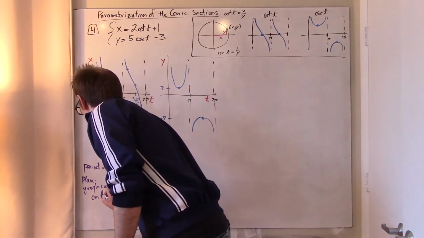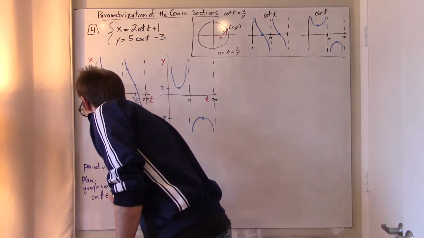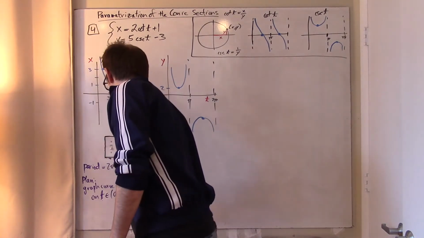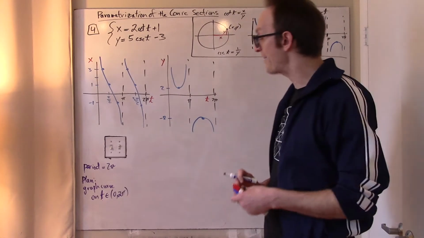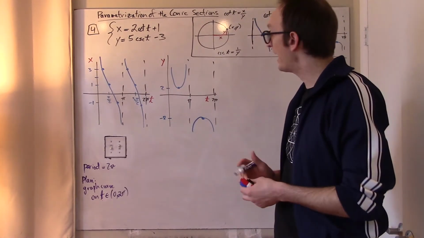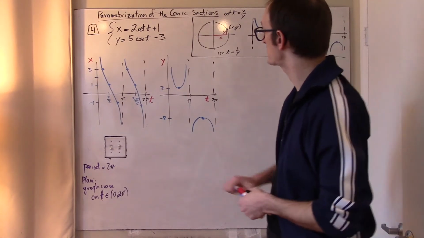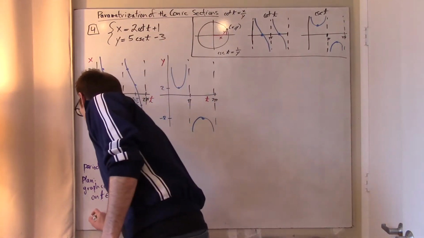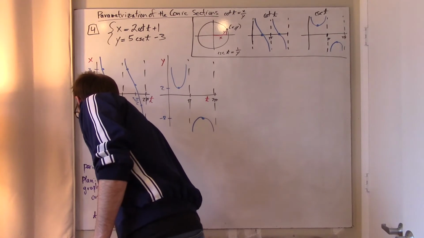So I'm going to consider t values on the interval from 0 to 2 pi, and then know that whatever happens on the interval, it's just going to repeat again. Okay, and of course we see that t can't be pi, so that's maybe worth mentioning over here. All right, so good.